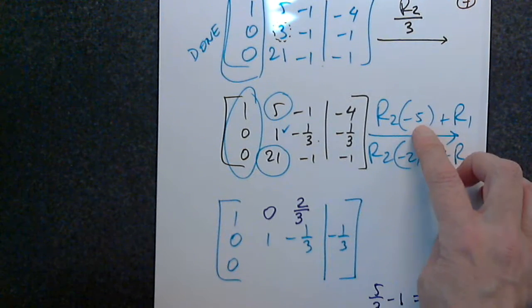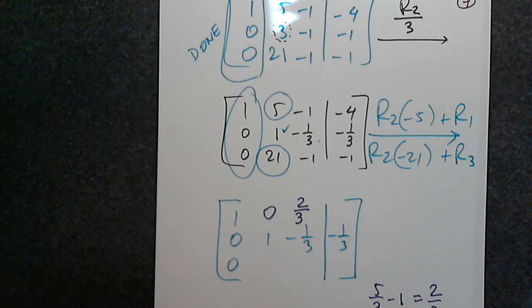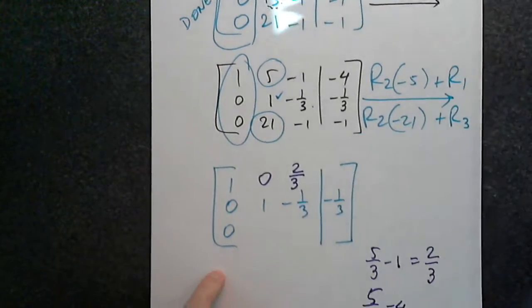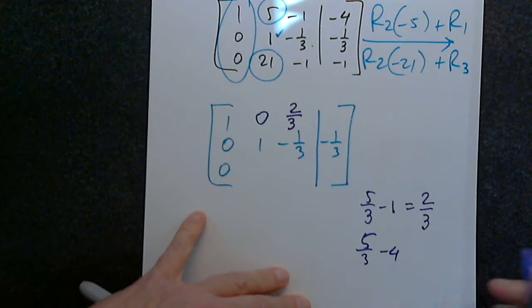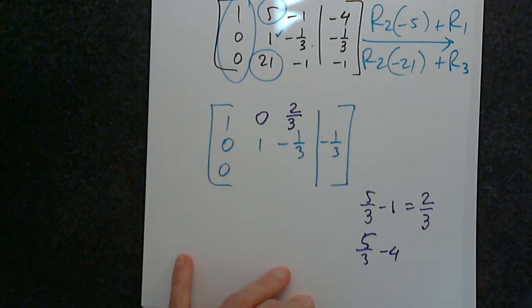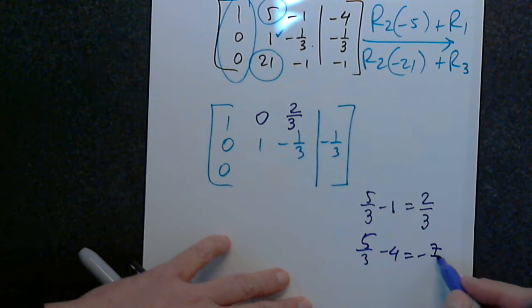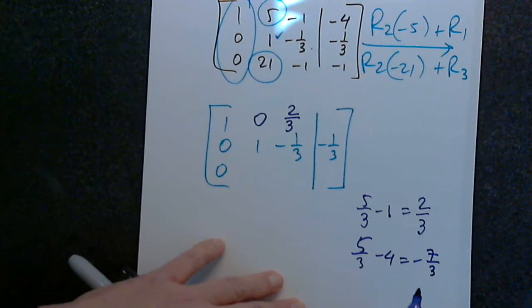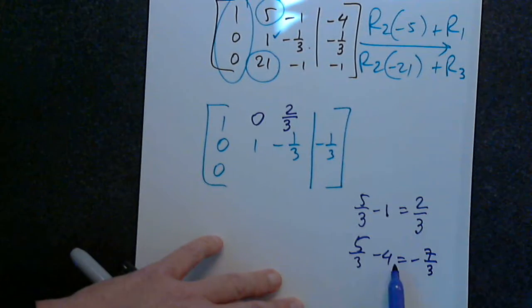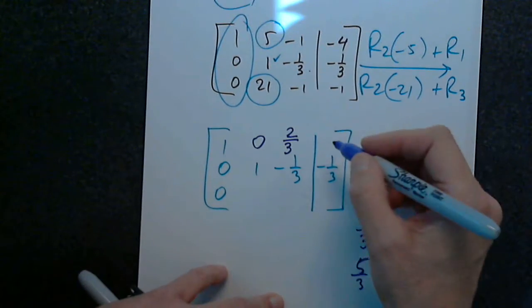Negative 1/3 times negative 5 is still 5/3, and minus 4. So 5/3 minus 4, which is negative 12 plus 5, negative 7/3. Remember, we have to find the least common denominator. Negative 12 plus 5 is negative 7/3.